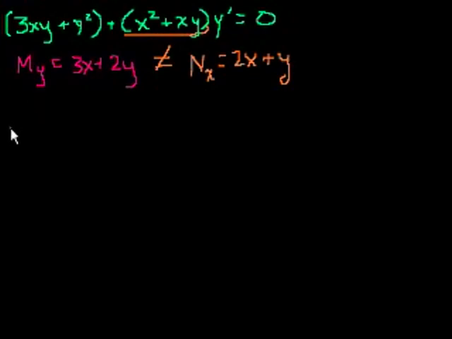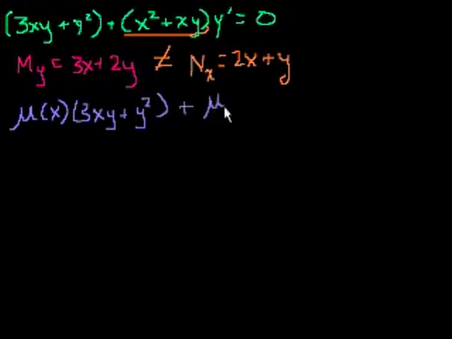So let's say that mu is a function of x, and I'm going to multiply both sides of this equation by it. So I get mu of x times (3xy + y squared) plus mu of x times (x squared + xy) times y prime.